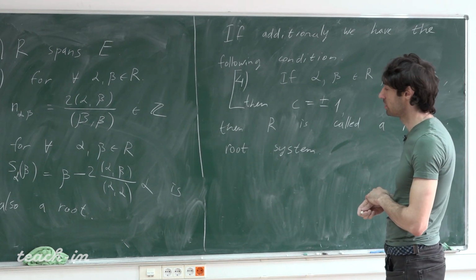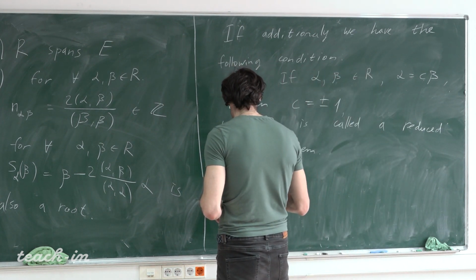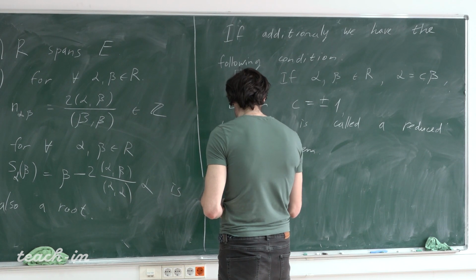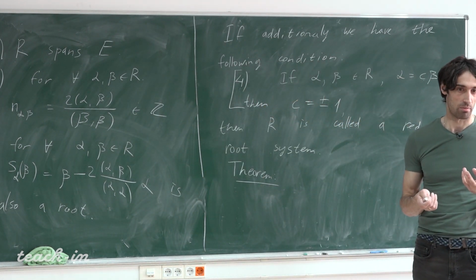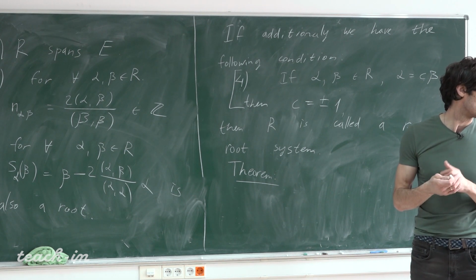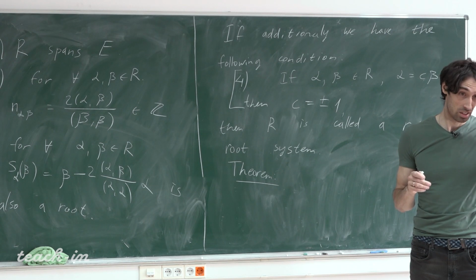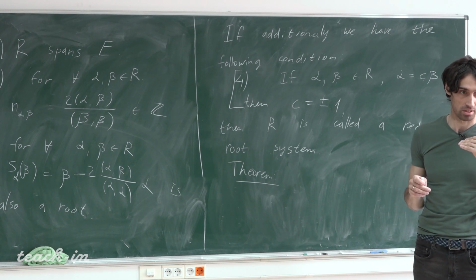Okay, so now having this definition, we formulate another theorem. So first of all, we would like to have a Euclidean space. Before that, all spaces we had were by default complex vector spaces, right?